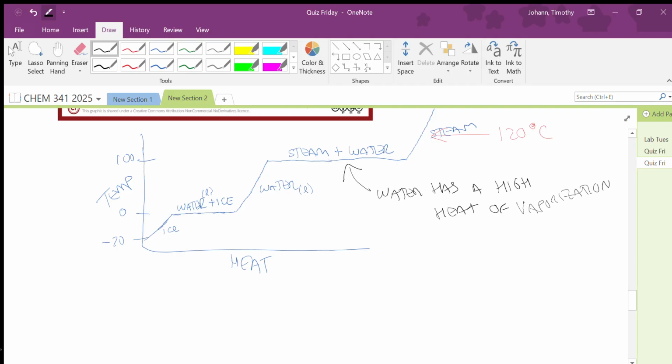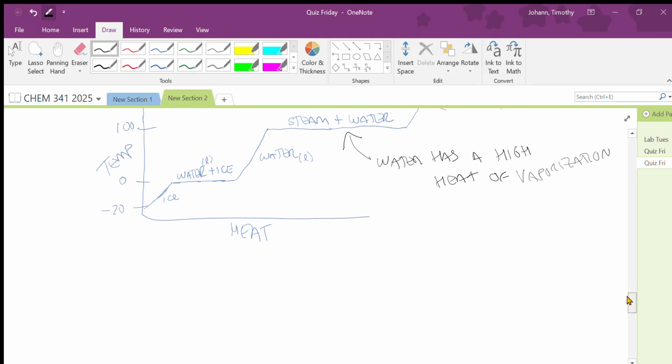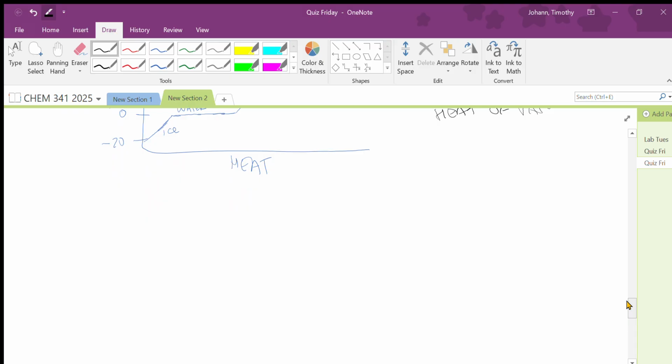Okay, so let's look at why this is the case. If I was to draw water in water, water looks like this. And if I put water in water, I'm just going to surround this. This is going to be a 2D image. This would actually be in 3 dimensions, and it would be a tetrahedral arrangement, but we're not going to worry about that for now.